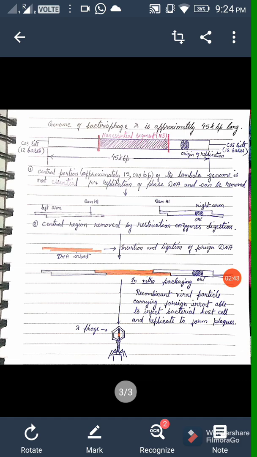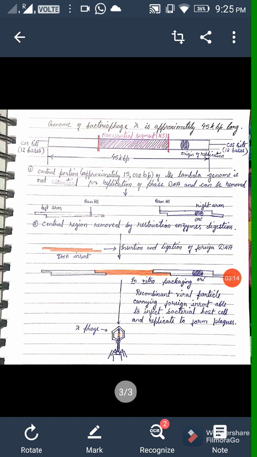Okay, so for the insertion and also ligation, remember we have to use the DNA ligase enzyme for sealing these segments of foreign DNA and the viral DNA. Now after insertion and ligation of this foreign DNA, we have to do the packaging of this DNA into the phage, because at first we have taken the DNA outside, right?